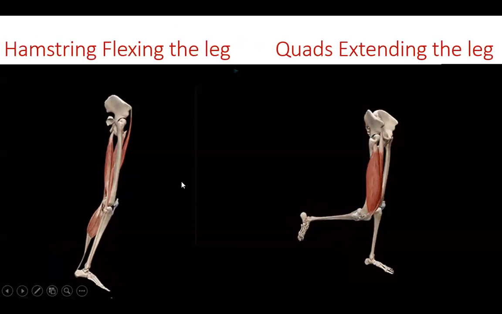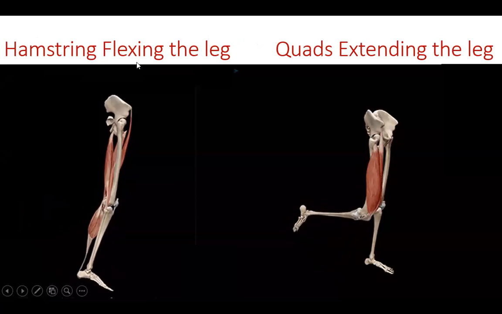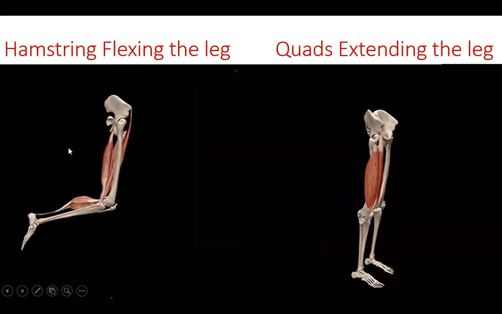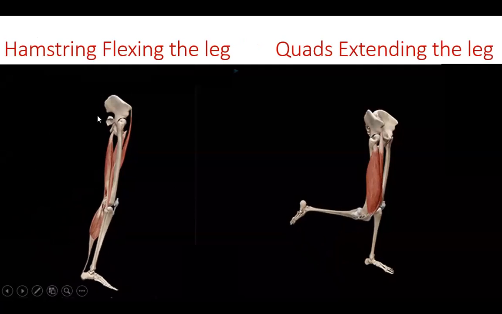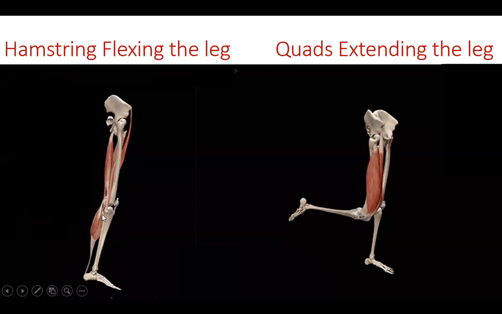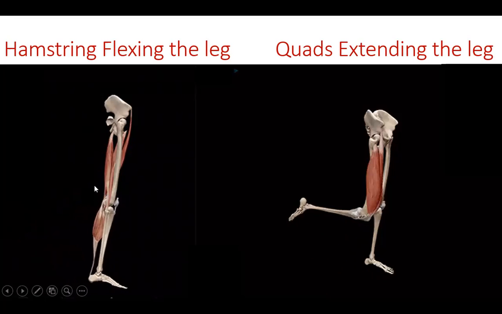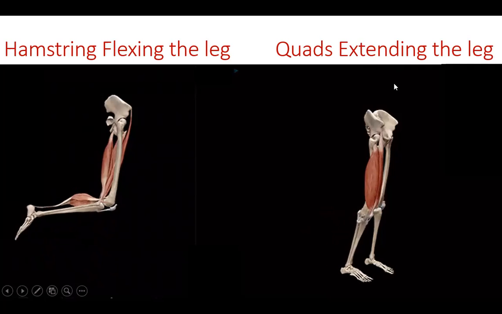So here's what a hamstring does, flexing the leg. It pulls the leg back. Notice how the hamstring flexes this way. Here is the quad extending the leg.